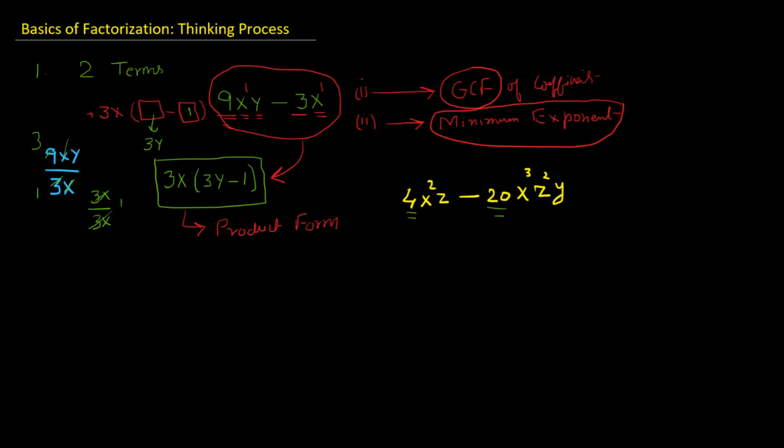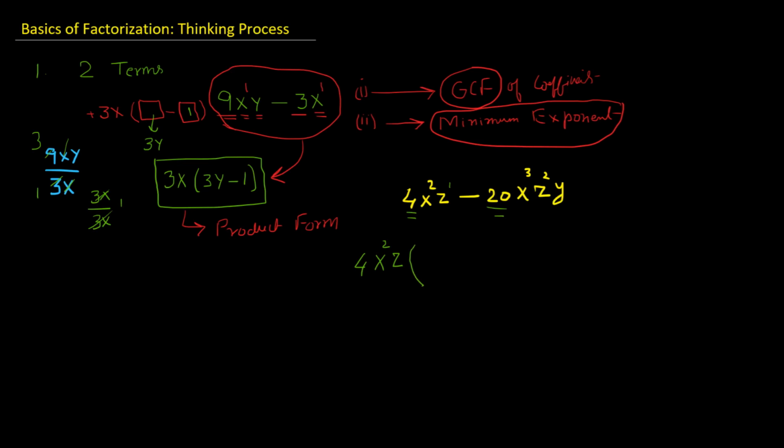The highest is 4. So we take 4 common. What is the minimum exponent of x? x is present in both, so we can take x common. What is the minimum exponent? 2. So we can take x square common. What is the minimum exponent of z? 1 here and 2 there. So we can take z common. But y we cannot take common because y is not present in the first term. So only this is common.